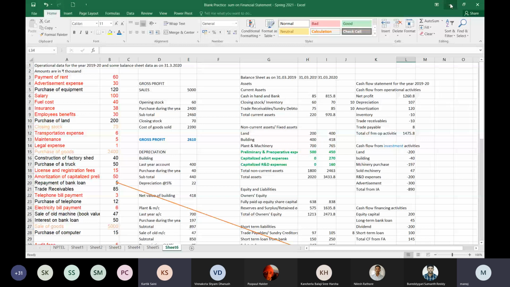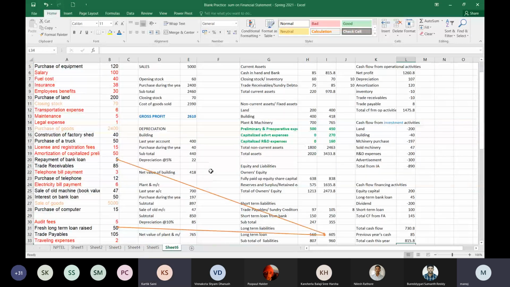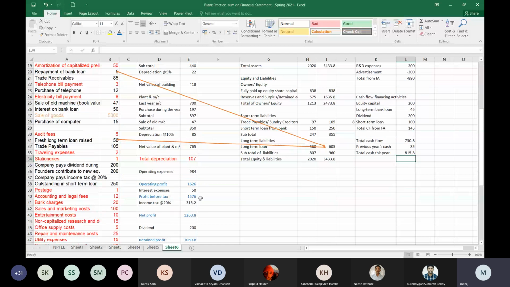Because these are the money that has gone out of your profit loss account. Okay, look at the profit loss account. Is it visible? Excel sheet? Yes, sir. Okay, so when you estimated the operating expenses, you have deducted depreciation and amortization, but you have not paid this money to anybody.